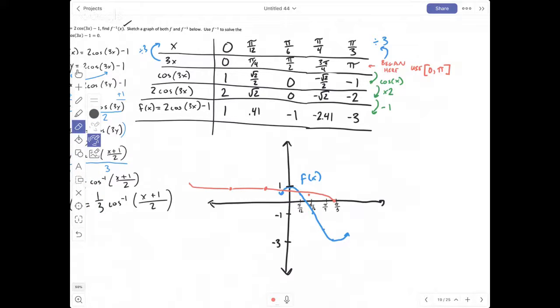Sorry, a little touch up here. There we go. Okay, and this red graph is the inverse function.